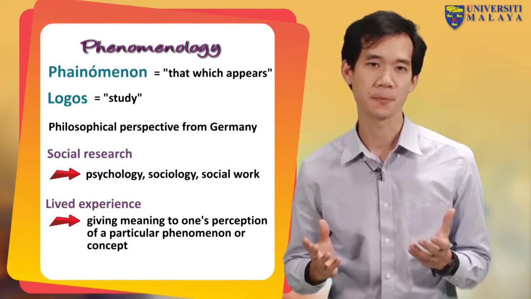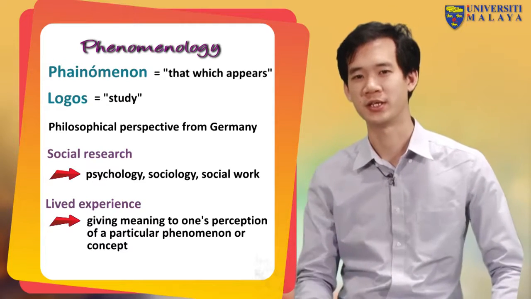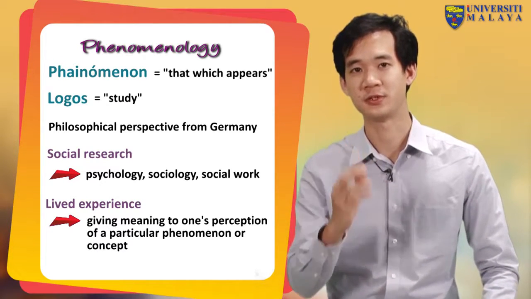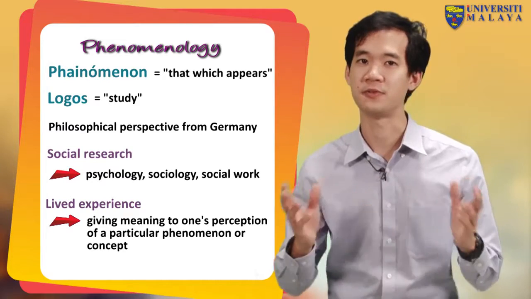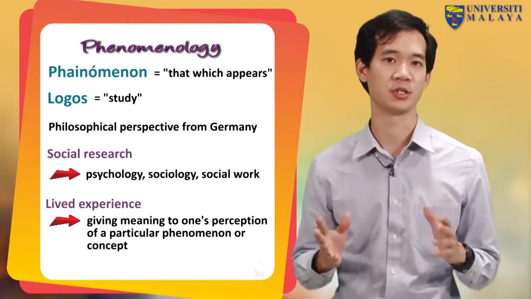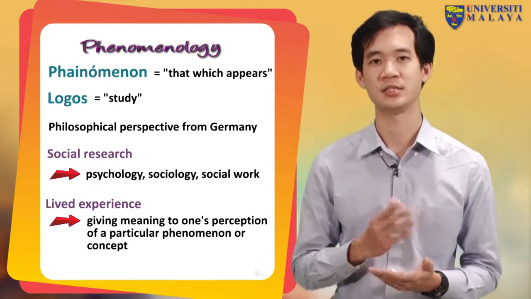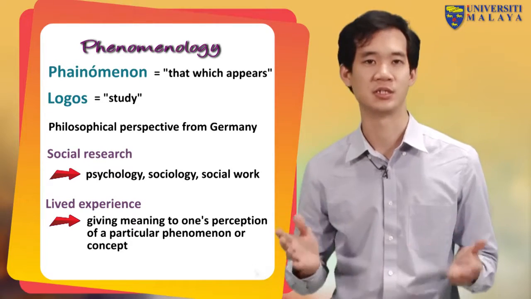For example, everyone going through an illness will experience it differently, even if their prognostic results are exactly the same or very similar to other people. So just to recap, ethnography is interested in whole groups, while phenomenology is mostly interested in individual experiences.